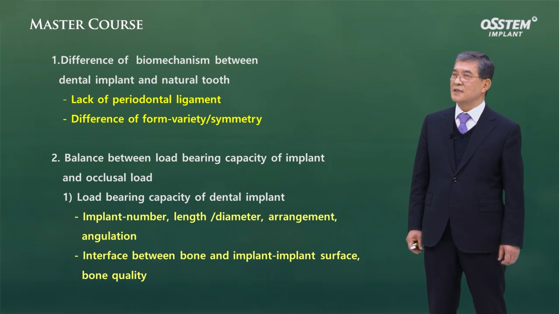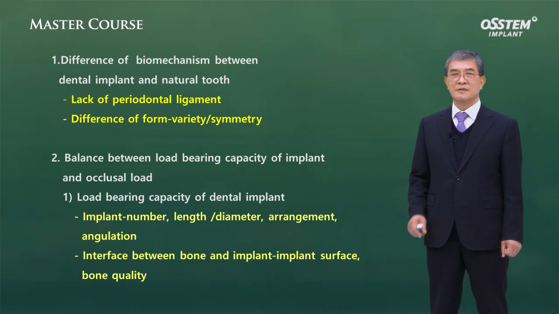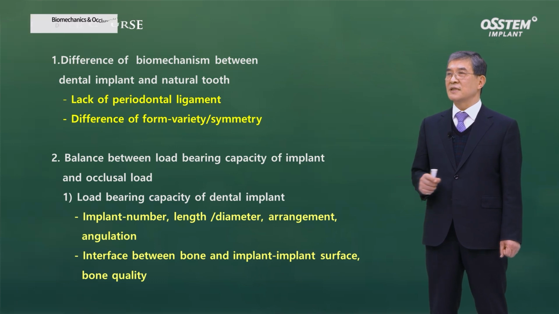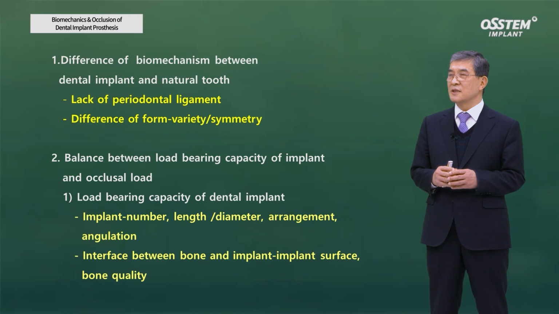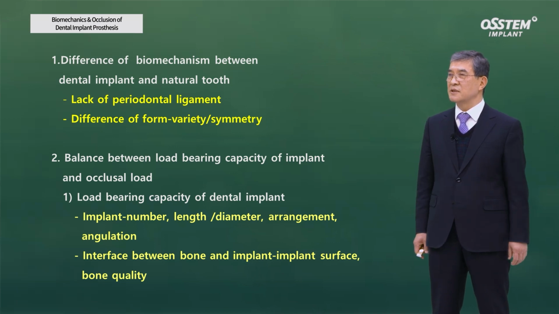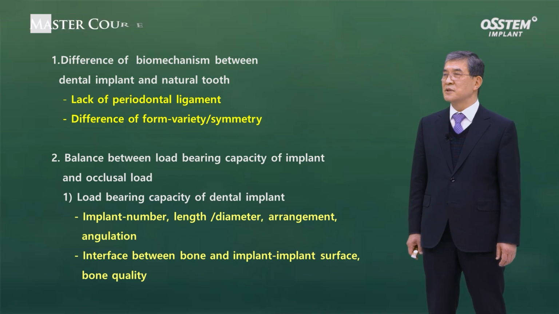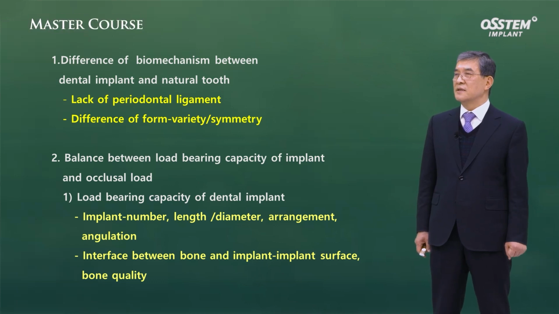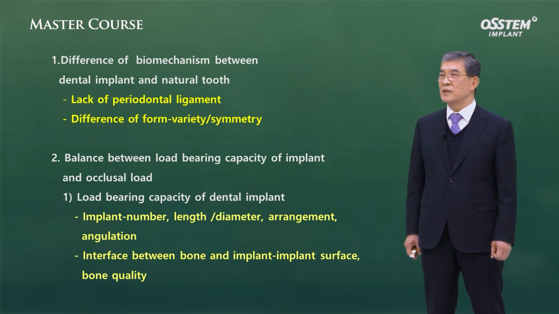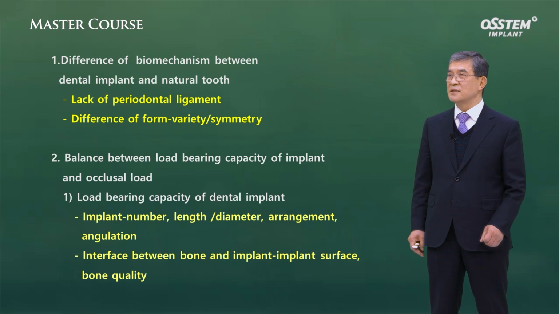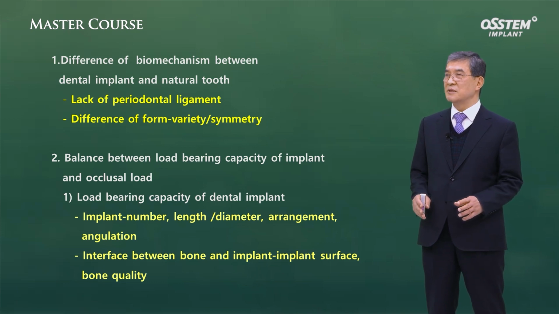In the case of natural tooth, depending on anterior tooth, posterior tooth, there are different shapes, but as for the implant, it's just round and the diameter can be wider and length may be longer. There is a little deviation. Implant is in many ways more unfavorable than natural tooth, so we need to protect the implant using different methods.